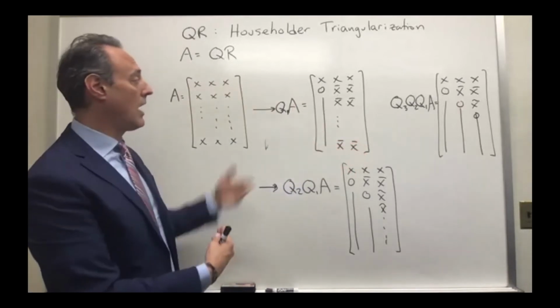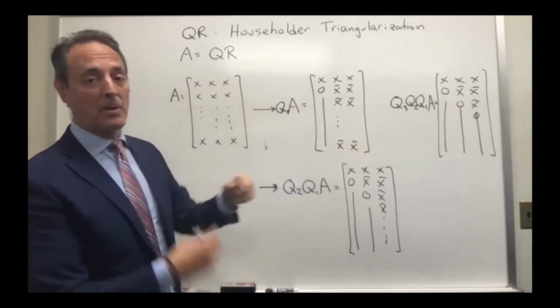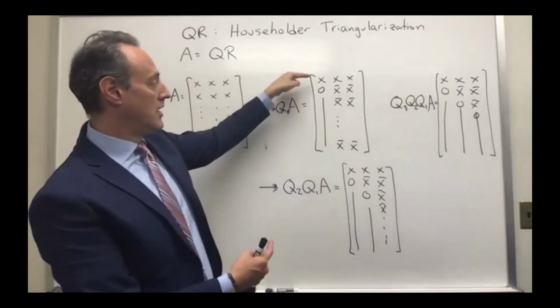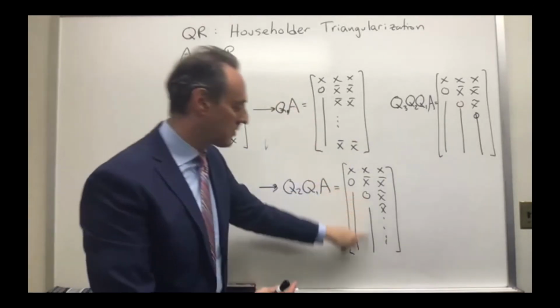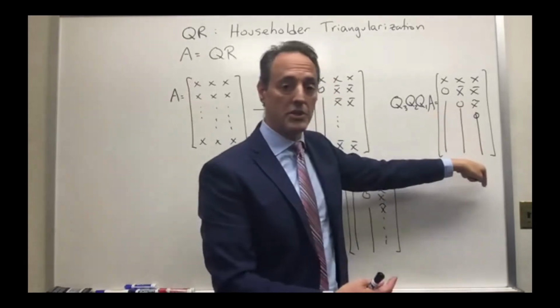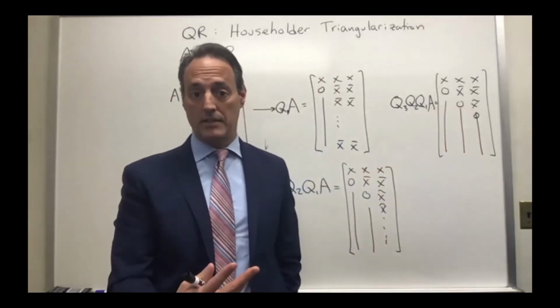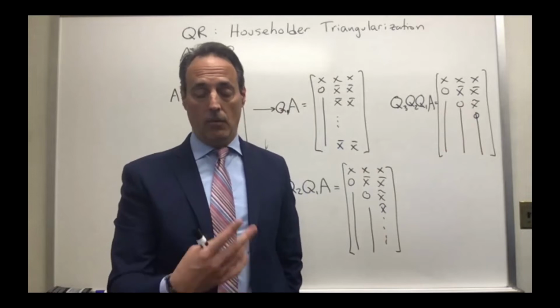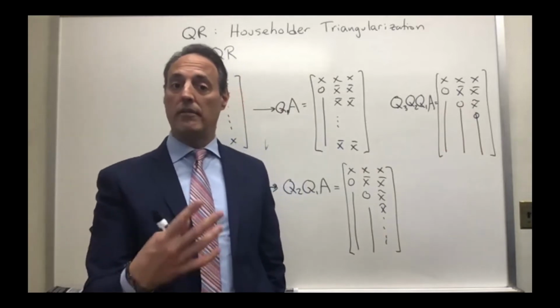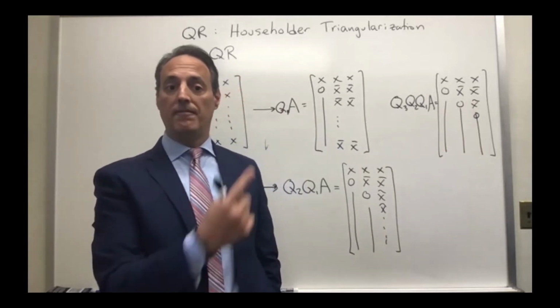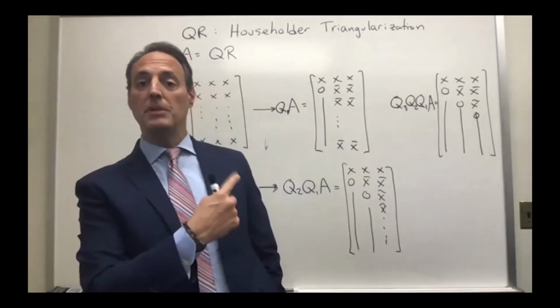You're trying to figure out, how can I multiply by the next matrix? That one makes all these zeros, that one makes all these zeros, that one makes all these zeros. The question is, how do I find those matrices? And that's something we're going to have to address. And that's what Householder triangularization does. It finds that matrix that allows me to do this.